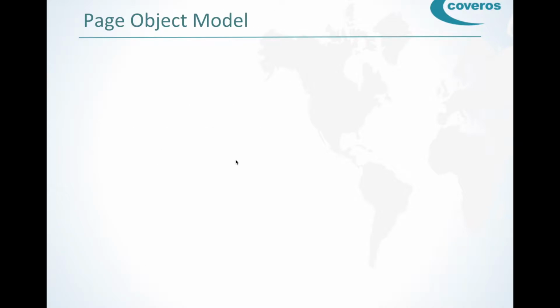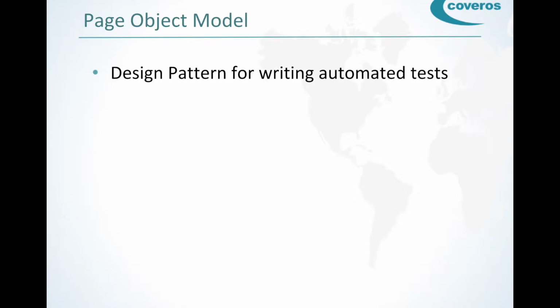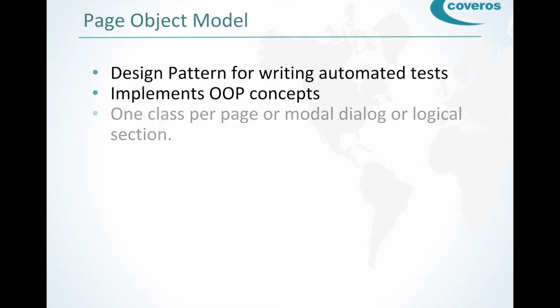The page object model is a design pattern that's often used for designing automation frameworks. It is the product of applying the principles of object-oriented programming into test automation. The idea behind it is that for every page or section of your application, you create a corresponding class.